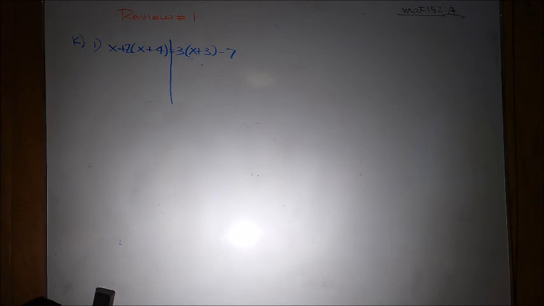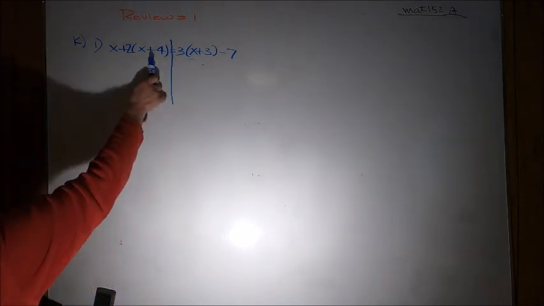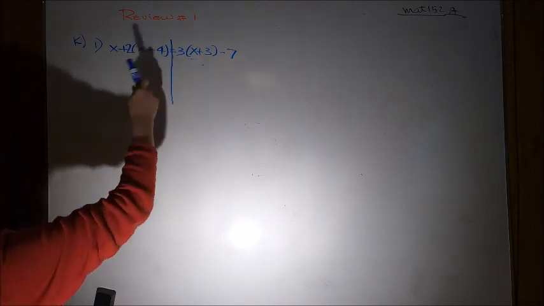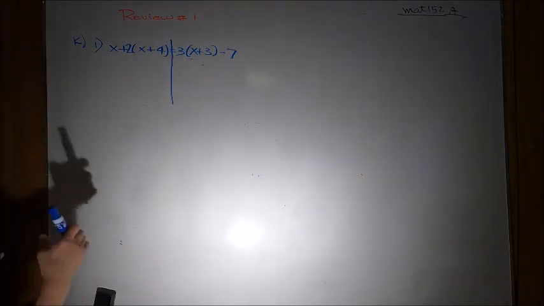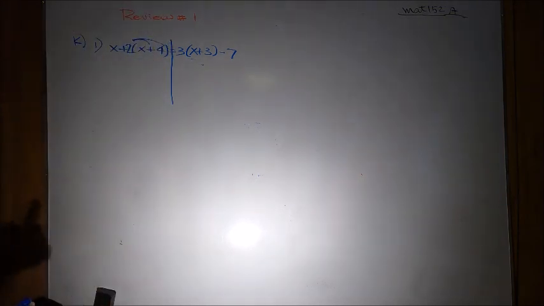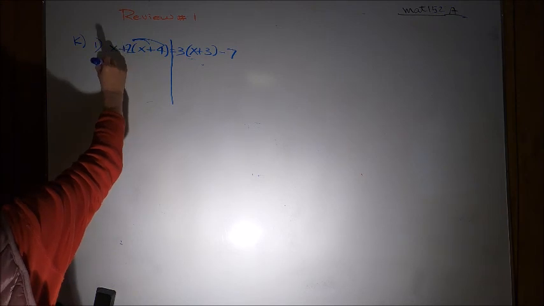So to make things simpler means what? No parentheses, right? Then also combine like terms. So you distribute first, then what do we have?